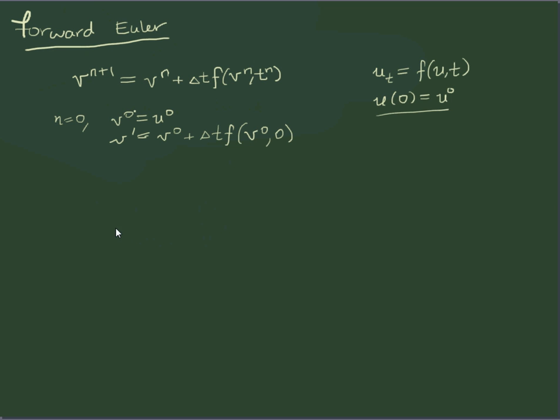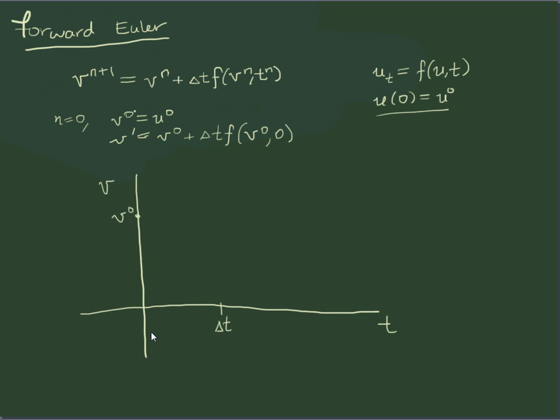Okay, let's see what this means graphically. So I'm going to make a plot here of our numerical solution versus time. Also consider plotting here on the y-axis the real solution u of t. So we start here at time 0 at the given value v0, and now we want to find what is our approximation at t equals delta t.